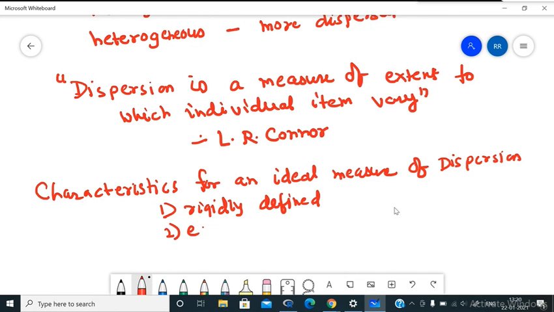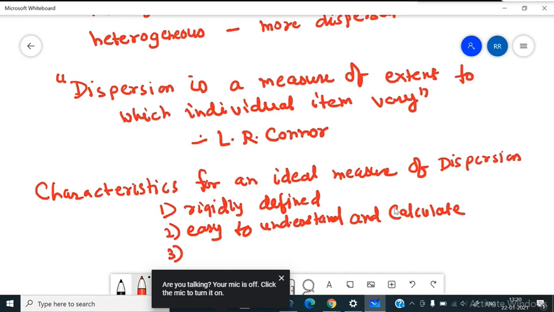Second is easy to understand and calculate. Third is based on all the observations.